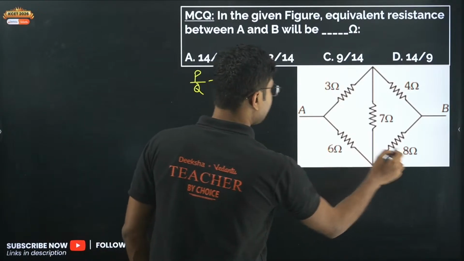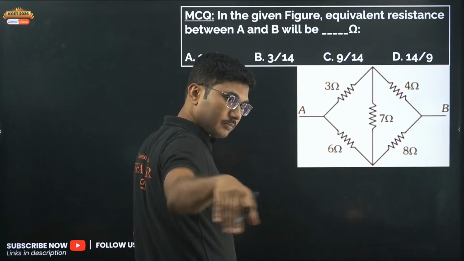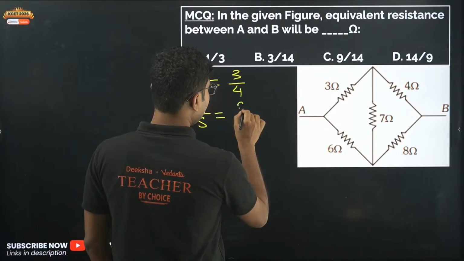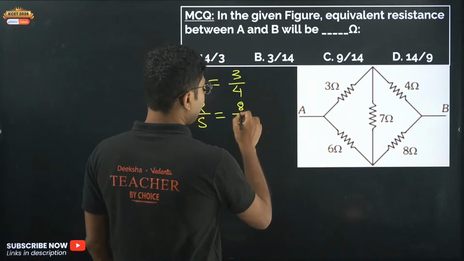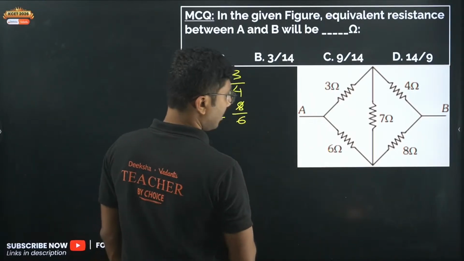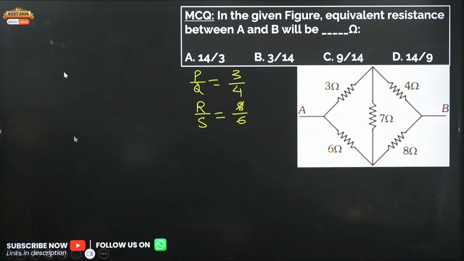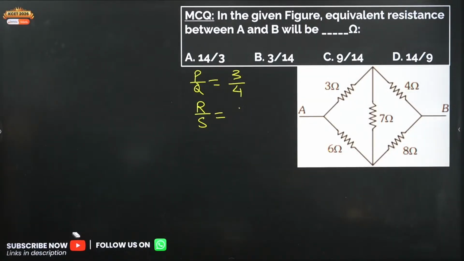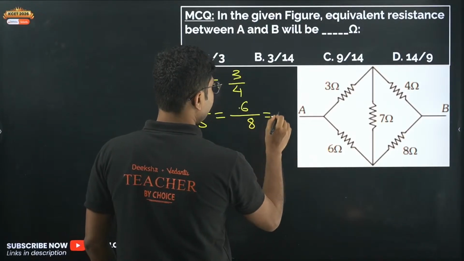What about R by S? R by S is given by 6 upon 8, which is 3 by 4.